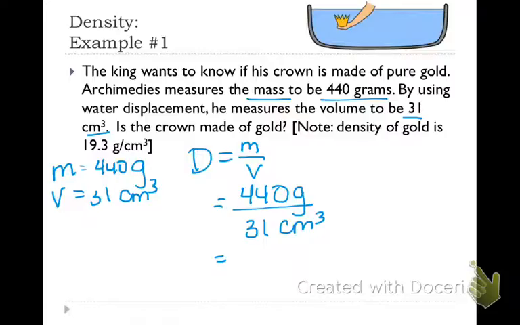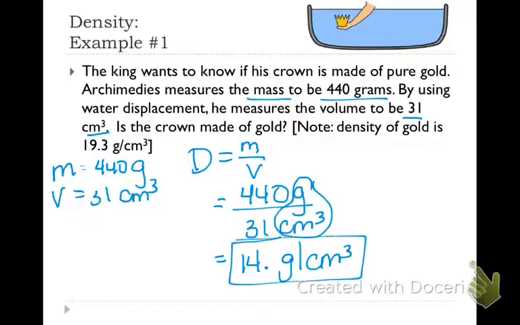Remember, this isn't a big number. It just has a lot of digits. So go with me for right now. It's 14 grams per centimeters cubed. We didn't cancel anything out, so we have to make sure we use those units. Box your answer. Well, if the density of gold is actually 19.3 grams per centimeters cubed, this object that this king has is not actually going to be made of gold.